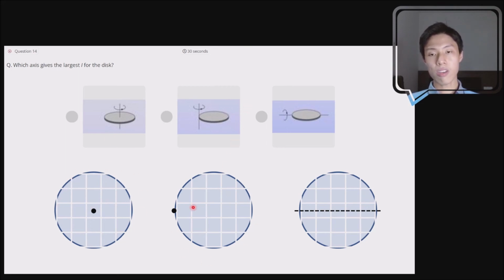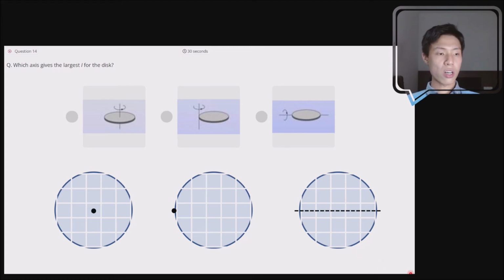The second diagram is again a circular disc, but now the axis of rotation is represented by this black dot over here, which is passing through one point on the circumference of the circular disc. For the third diagram, again you have a circular disc, but now the axis of rotation is splitting the circular disc into two semicircles. You can say it's an axis of rotation that passes through the axis of symmetry of the circular disc. So these are three different ways we can rotate a disc.